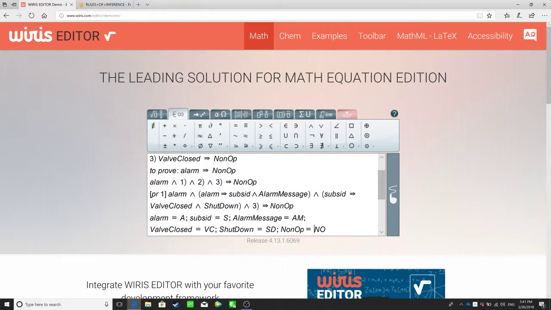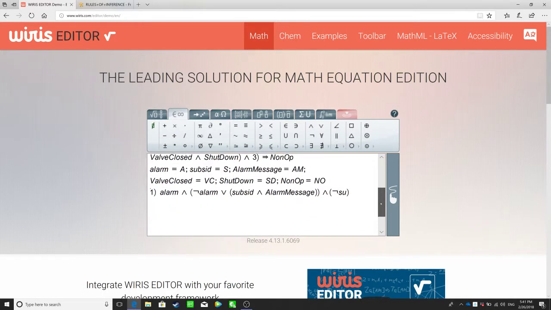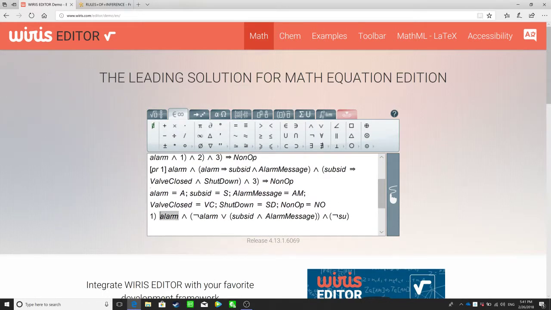I'm doing this because I want to make the expression shorter. This part has no problem, it's just the abbreviation; I just want to replace them. So here we become A implies, negation A or S and AM, right?